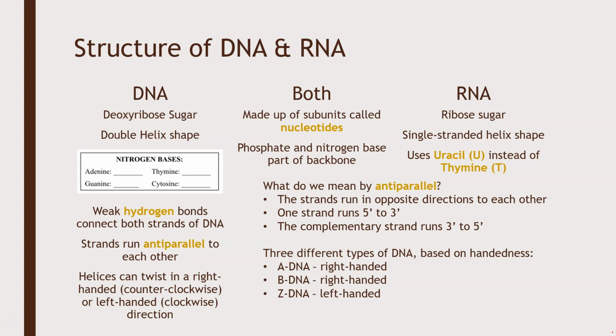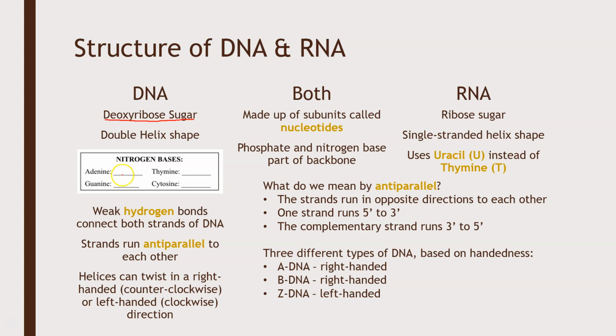So looking at the structure of DNA and RNA, well, DNA has a deoxyribose sugar. It has a double helix shape. The four bases that comprise DNA are adenine, guanine, thymine, and cytosine.